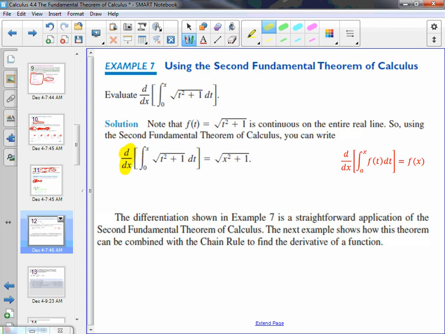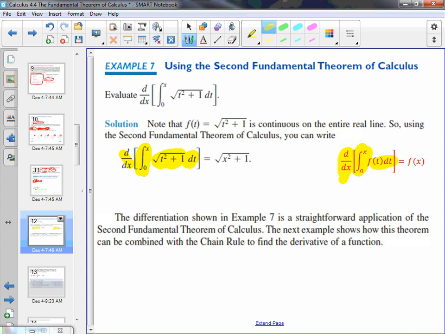All right, so I've got the derivative with respect to x, like I'm supposed to have, of the integral from 0 to x. The integral has to be from a constant to x. Is 0 a constant? Yep. So it's working right, from a to x of f of t dt. Well, the square root of t squared plus 1 is f of t.